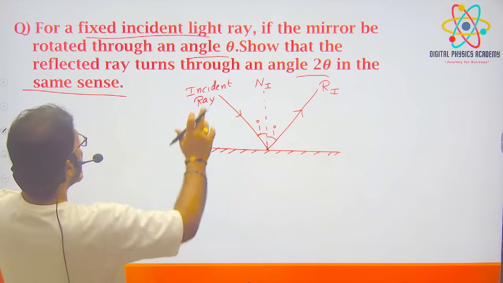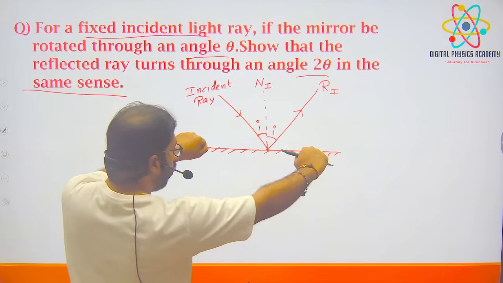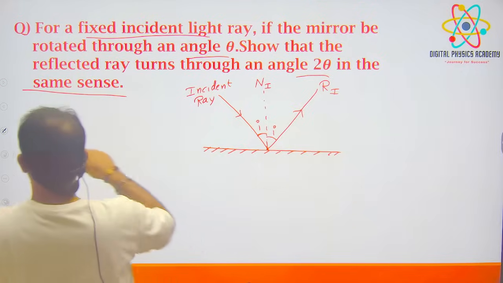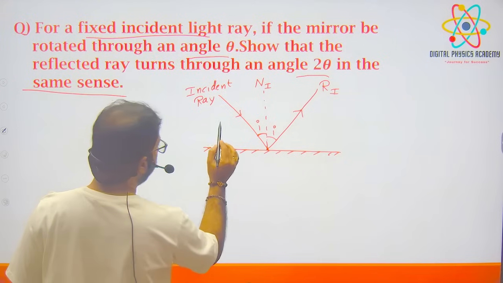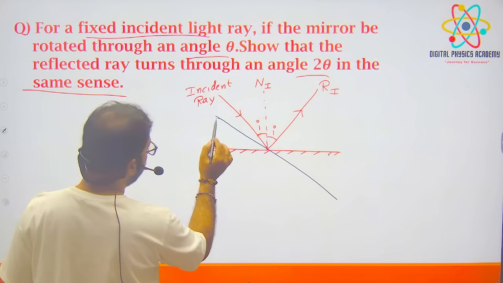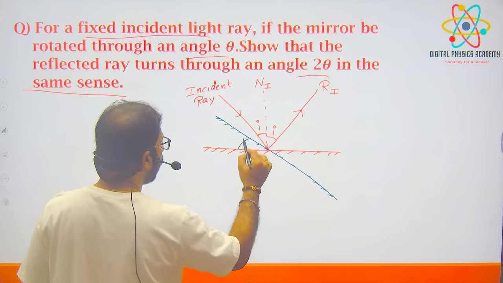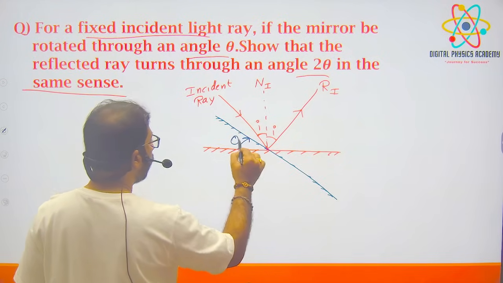Now the mirror is rotated by an angle theta. So I rotated the mirror through an angle theta. This is the mirror, I rotated it in the clockwise sense.